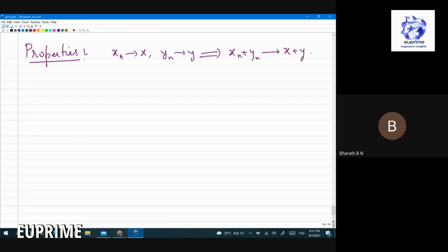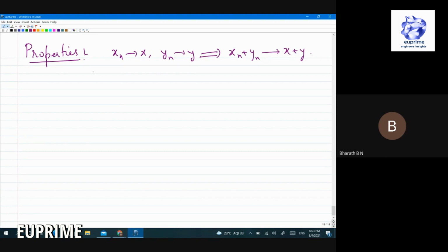This is clear, right? If xn goes to x, what does that mean? Xn enters an epsilon room around x, right. Yn converges to y, what does that mean? It will also enter an epsilon room around y, right? If you take the sum, you should enter a room around x plus y, right? It's very intuitive, but how do you prove that? Well, I will leave it as a homework problem.